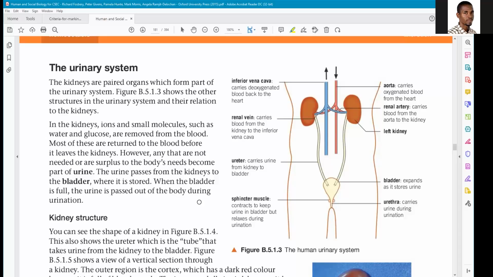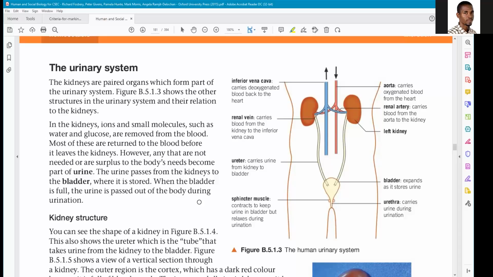So in the kidneys, ions and small molecules such as water and glucose are removed from the blood, and most of these are returned to the blood before it leaves the kidney. However, any that are not needed or are surplus to the body's need become part of the urine. Let me explain that to you.